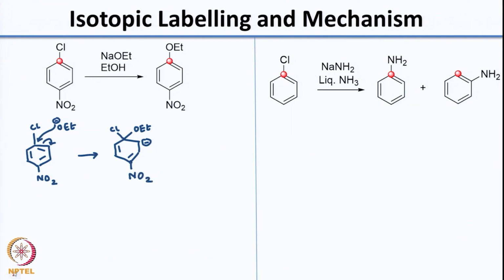So if I were to draw out the structure of the nitro group, you can have resonance stabilization because of this nitro group.